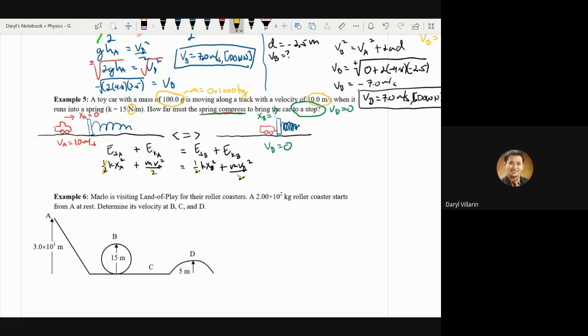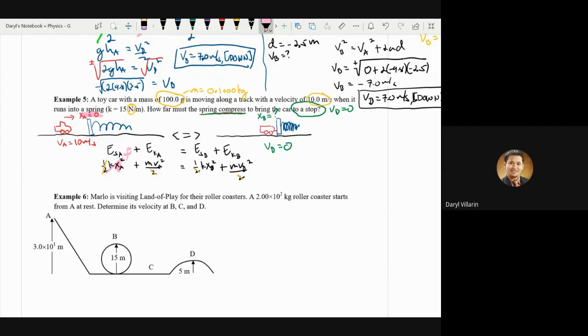Going back to the given, x_a is 0, so this term is also 0. How about v_a? It's not 0, so that particular term holds. k x_b is not equal to 0 also because there's a compression, so there must be displacement of my spring.